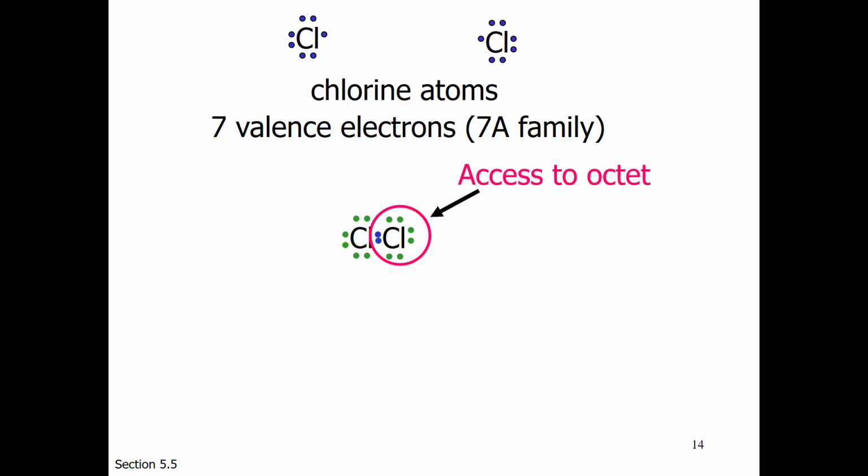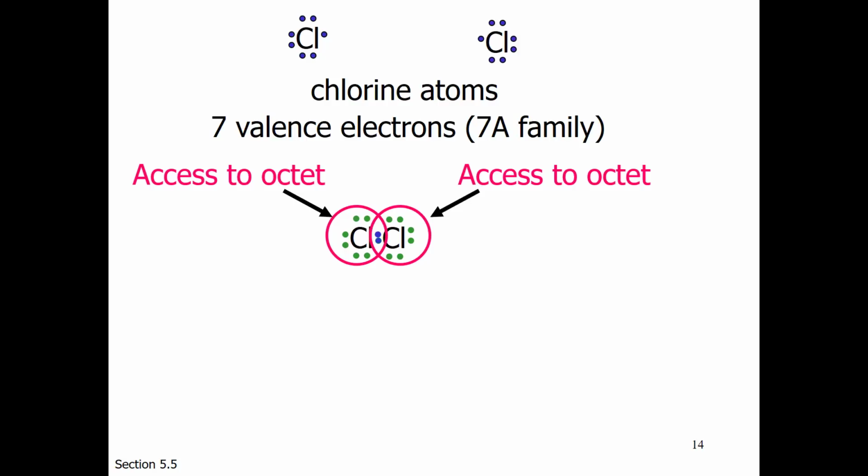So if I draw a circle around the chlorine on the right, you can see that it feels like it has 8 electrons around it. It has the 7 electrons it brought in, plus the 1 it's sharing. The same thing with the chlorine on the left. If I draw a circle around the electrons surrounding it, it has access to 8 electrons.